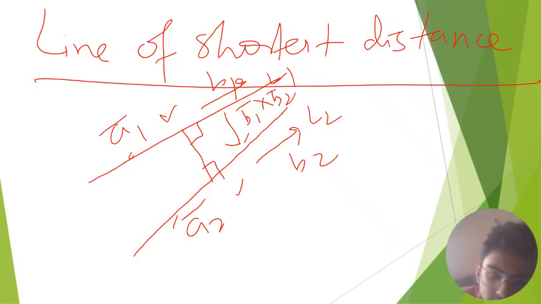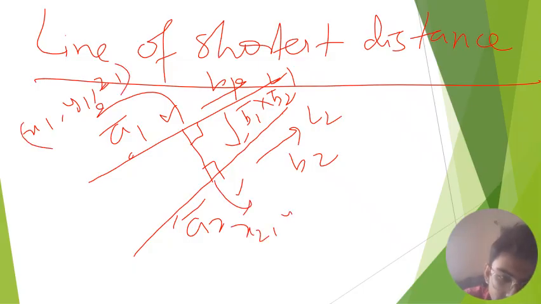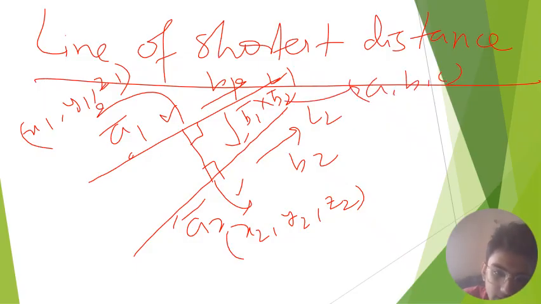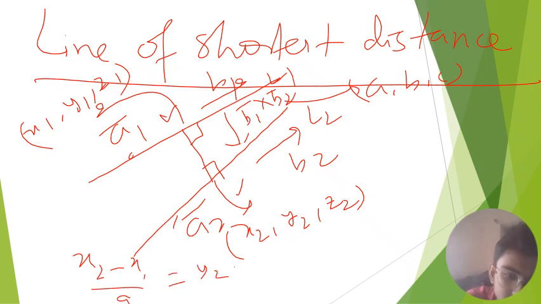So you will just proportionate these two values. Suppose this is coming as x1, y1, z1, but it will be in lambda and mu form, and we can take x2, y2, z2, and suppose its direction ratio is a, b, c. So like this: x2 minus x1 by a equals y2 minus y1 by b equals z2 minus z1 by c.